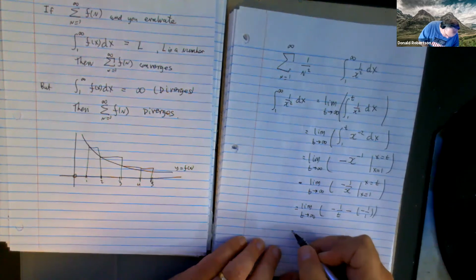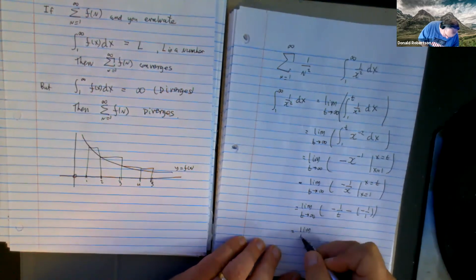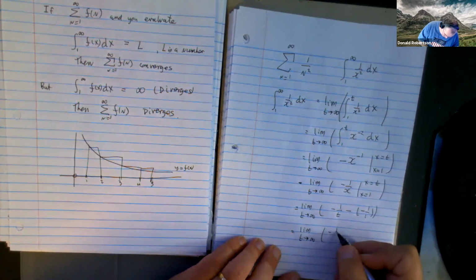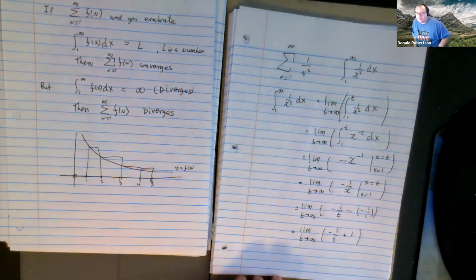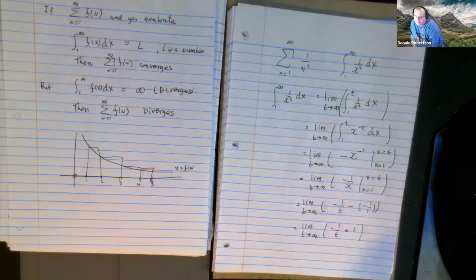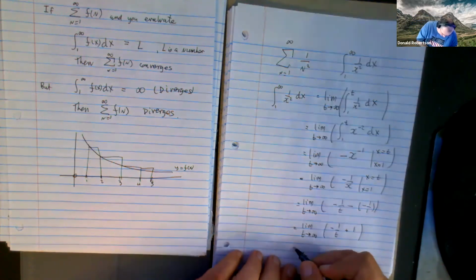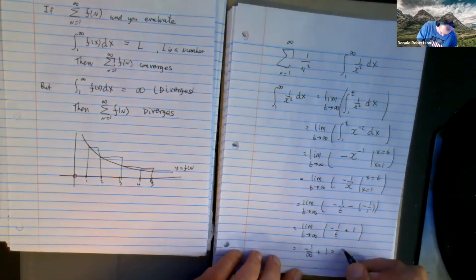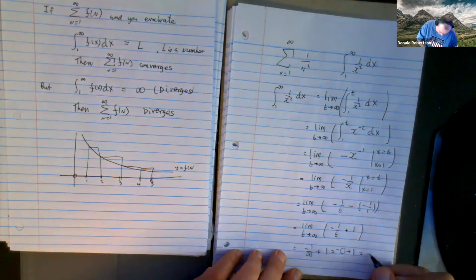Now I am left with negative 1 over t plus 1. Would you agree that that guy is brute force? You can just plug in t equals infinity. And when you plug in t equals infinity, you get 0 plus 1, I guess technically minus 0, but that doesn't really make sense.